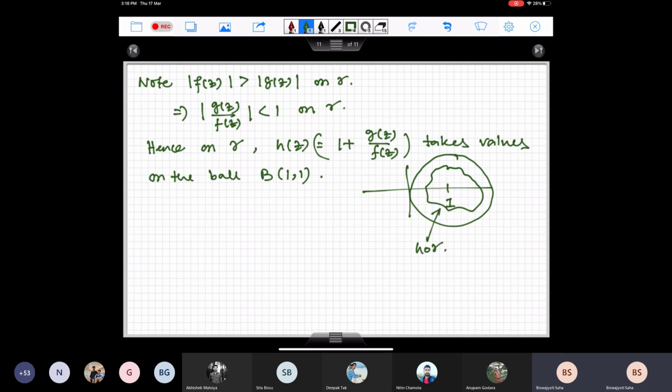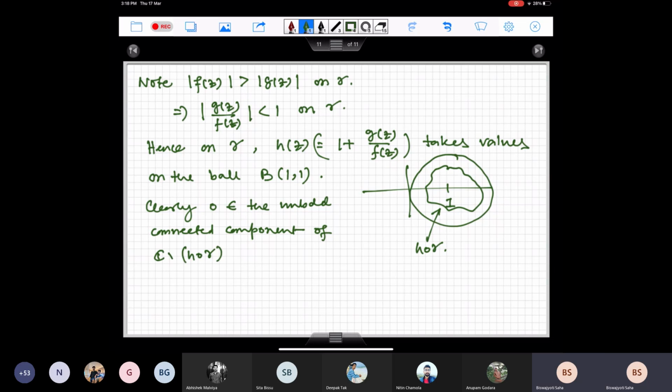Fine. Now clearly 0 belongs to the unbounded connected component of C minus h composed gamma.